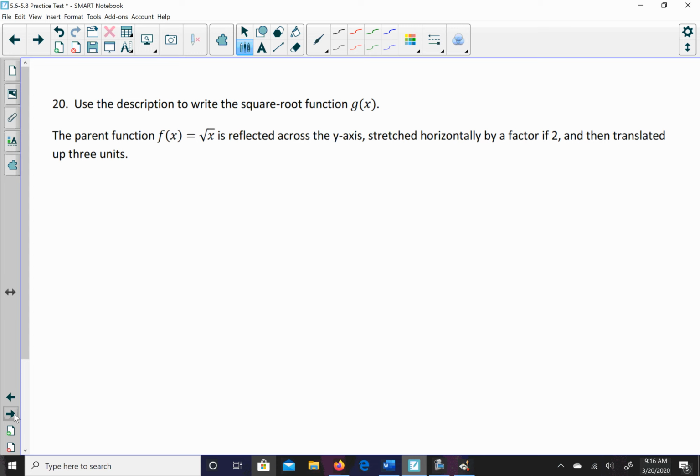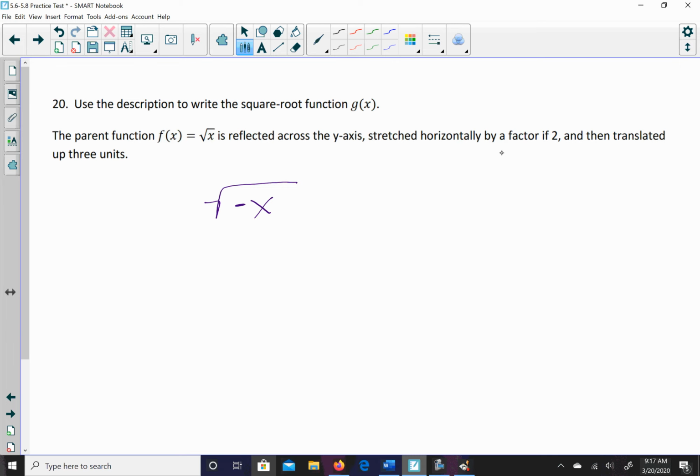The parent function is the square root of x. It is reflected across the y-axis, stretched horizontally by a factor of 2, and then translated up 3 units. So I start with the square root of x. I'm reflected across the y-axis, which means the negative sign is going to be in here with the x.